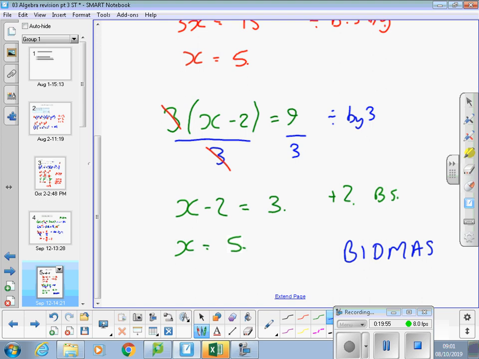Start with any addition or subtraction, then get rid of any multiply and divide, then do the stuff inside the brackets. Once everything's gone outside the brackets, remember, brackets aren't needed anymore. So as soon as that 3's gone, you don't need the brackets around the x minus 2 anymore.